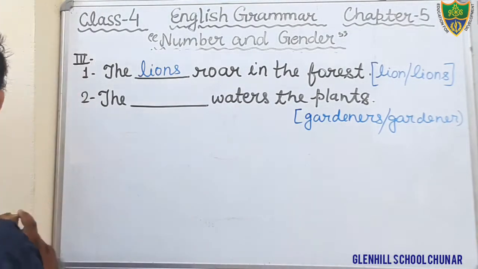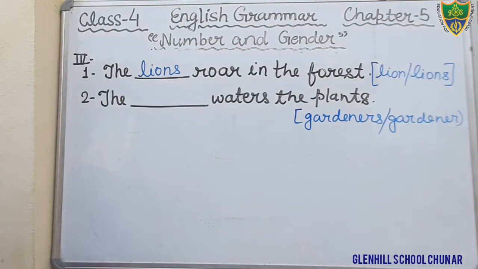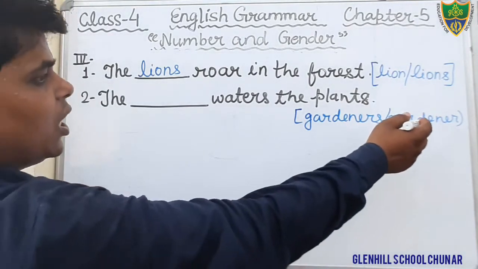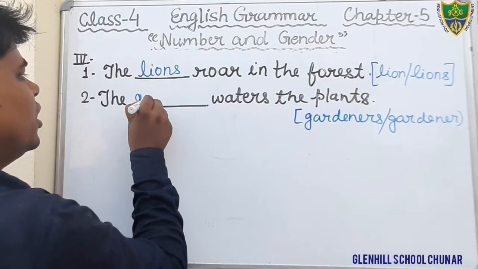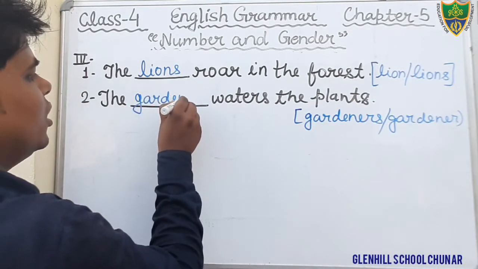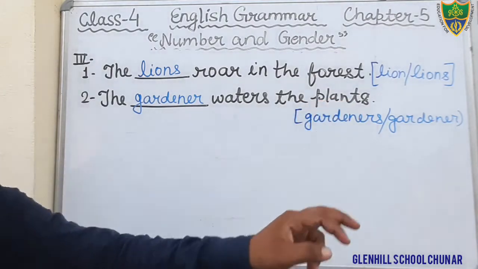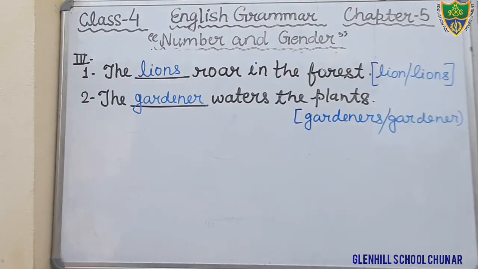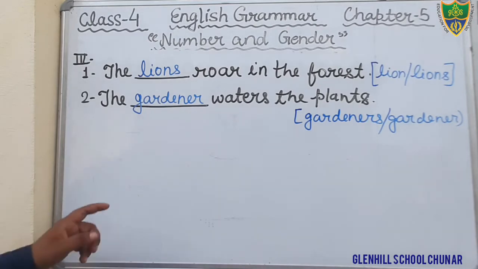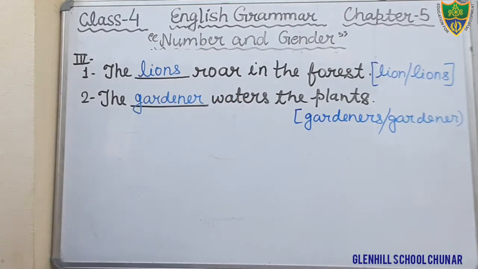So what would be the correct word? The gardener. Okay, gardener waters the plant. So you will fill here gardener.